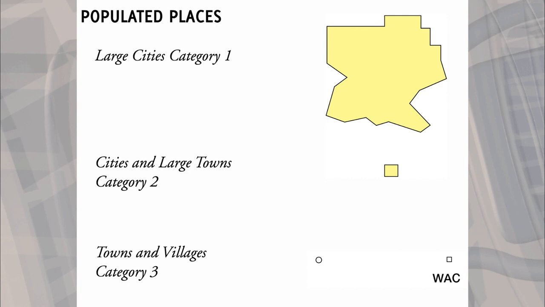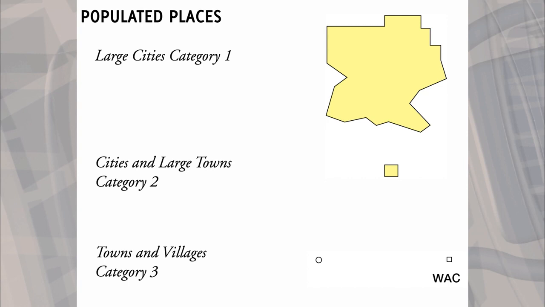If it's just a relatively large town or a smaller city, it may be shown as a box on the chart. Now, over here on the left, where it says towns and villages for category 3, they have a small circle for towns and villages. These are relatively not as populated areas, but just a town or village.